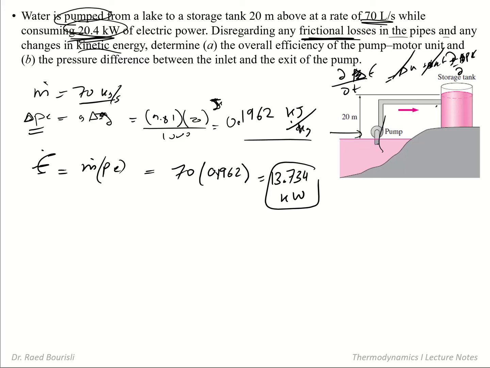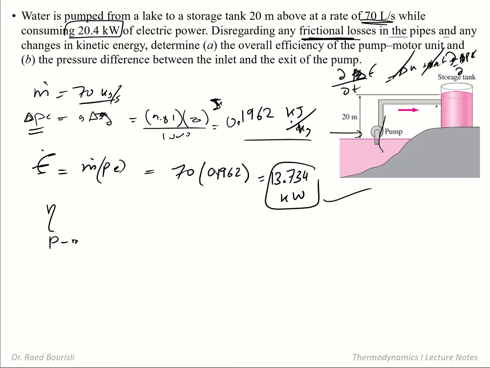How much is it getting? This is the desired output. What is the required input to do this job? This consumes 20.4 kilowatts. So this is for the mechanical energy, for the pump motor.